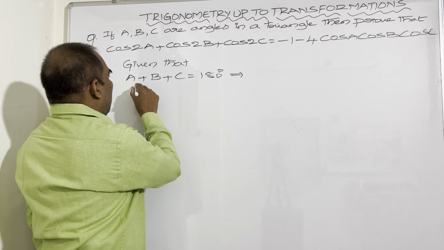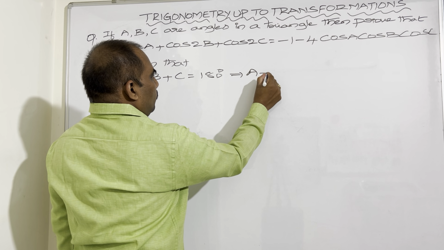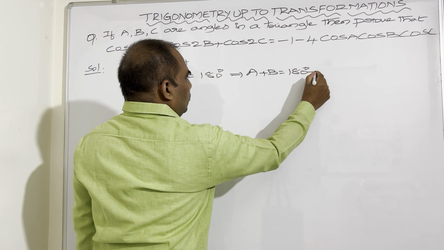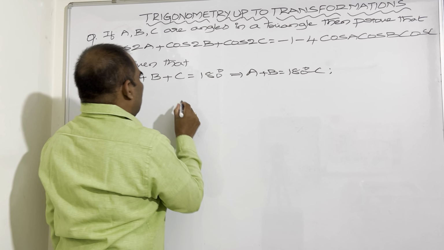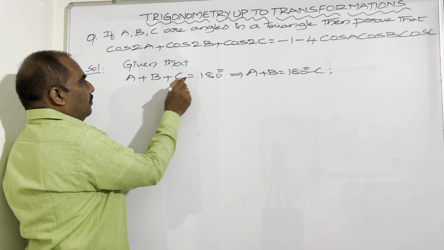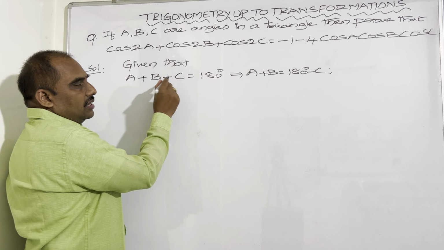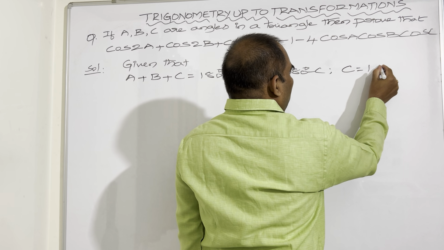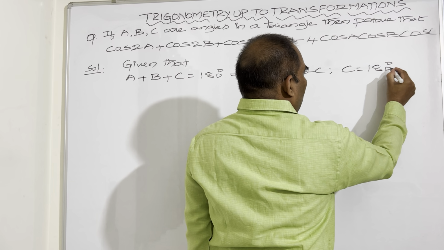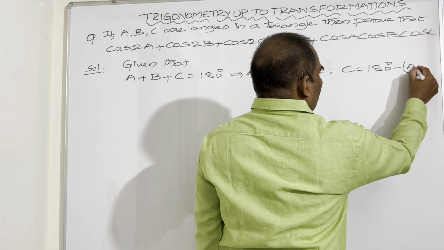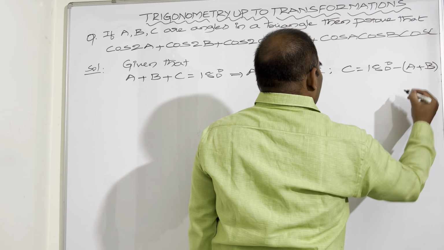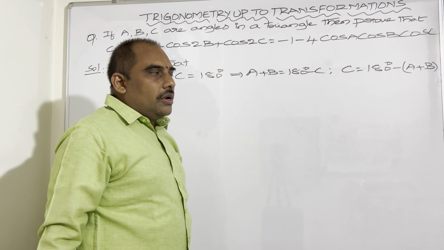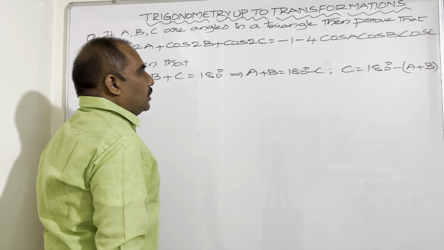From this we can write A plus B is equal to 180 minus C, and from the same condition we can also write C is equal to 180 degrees minus of A plus B.